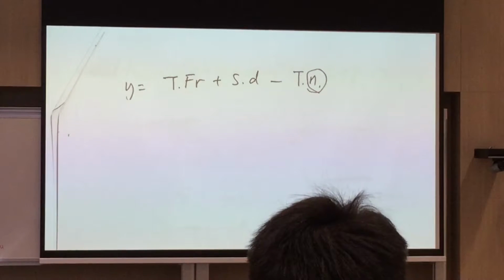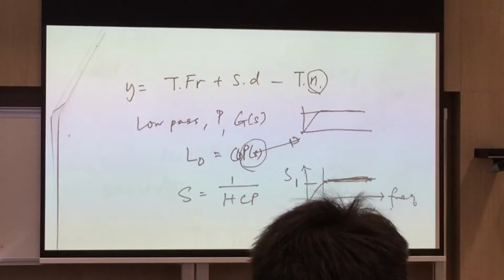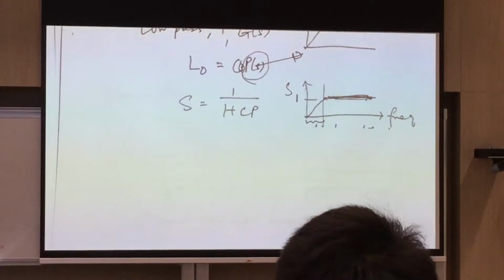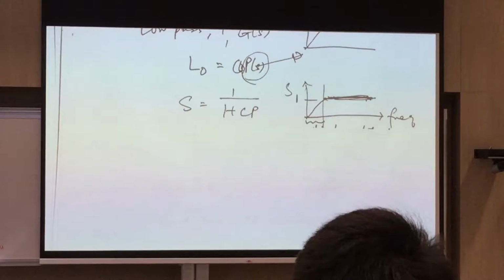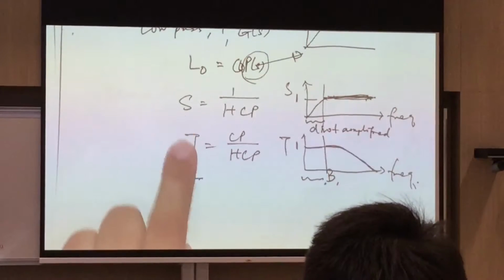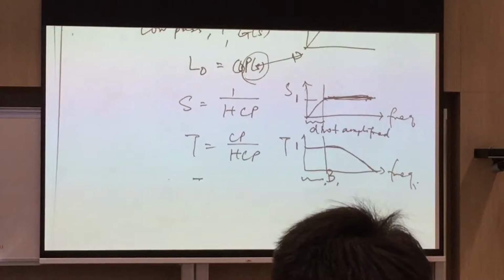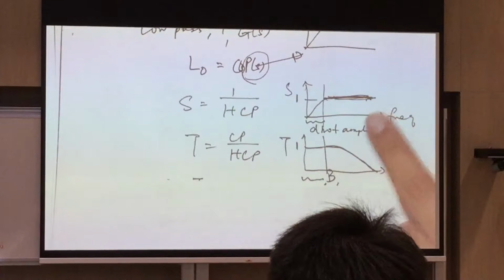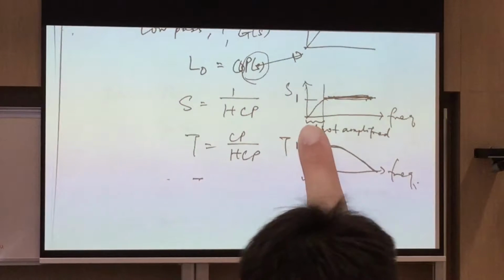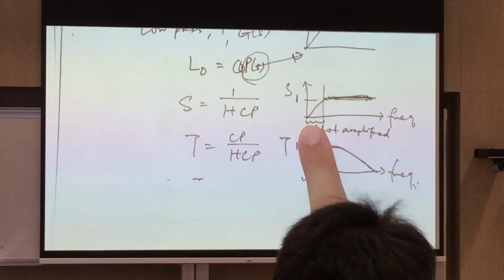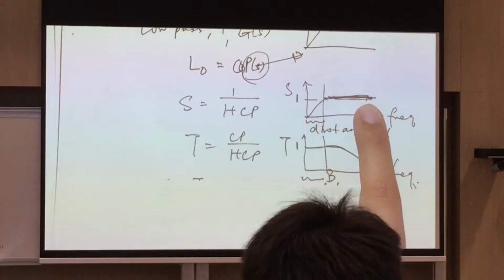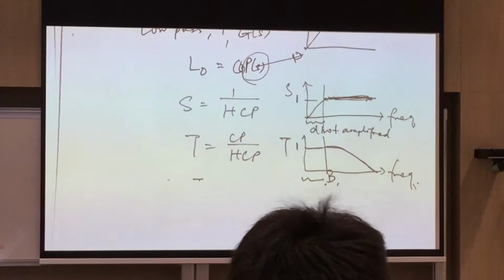If you look at a low pass plant, we have gone through this in a lot of detail, so we won't go through it again. We will plot the sensitivity function and the complementary sensitivity function. This is what it will look like for S and T. For the sensitivity function, you see that it starts from very low values at low frequencies, and it saturates to 1 at high frequencies for a low pass plant.